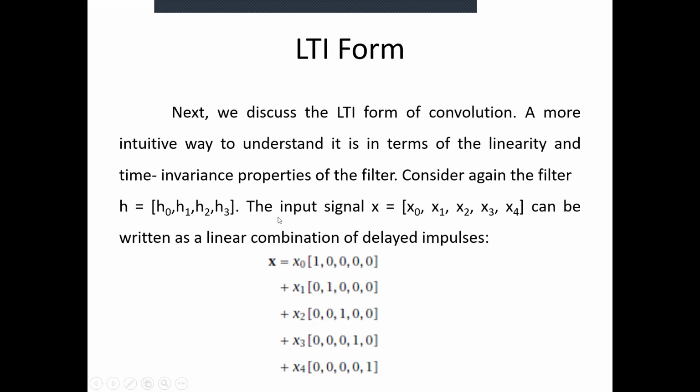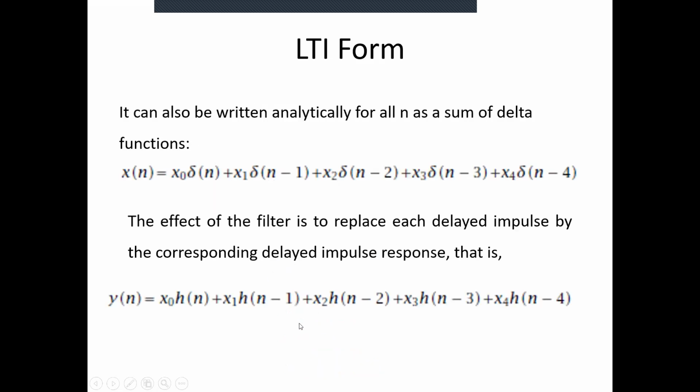Look, now we are going to represent the x vector, I mean the input function, by the following. Look, x naught, this is delta function, delta of n minus 1, delta of n minus 2, delta of n minus 3, and delta of n minus 4. Well, this is the representation.